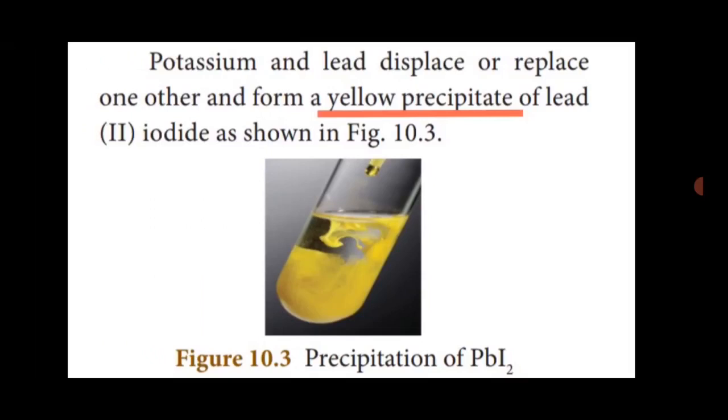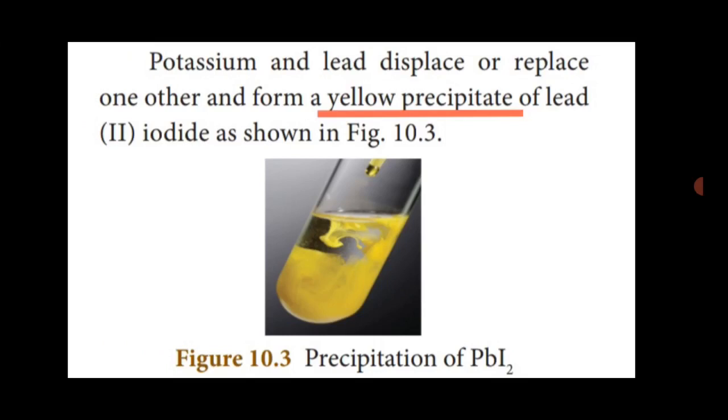The lead nitrate and potassium iodide react to form one insoluble compound. The insoluble compound's name is lead iodide, formula PbI2. Which color is it? Yellow in color. So the beaker's top contains the aqueous solution, that is the soluble compound.